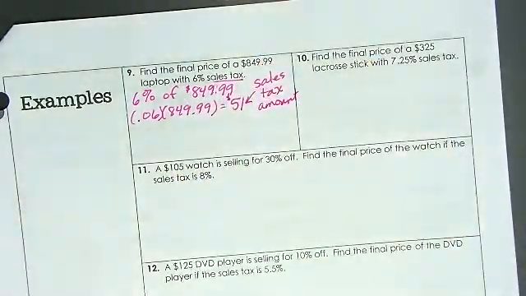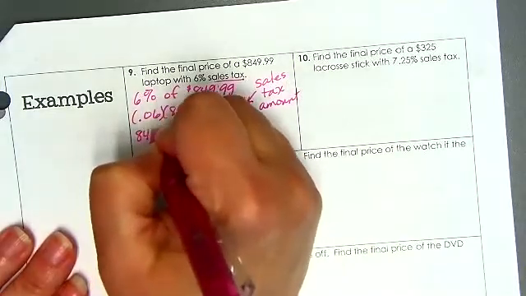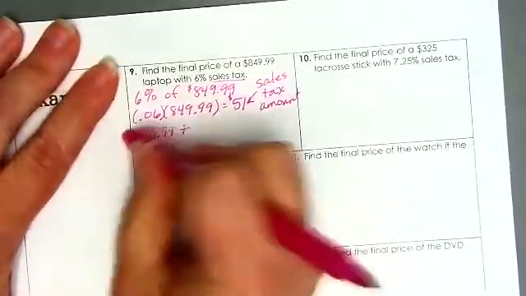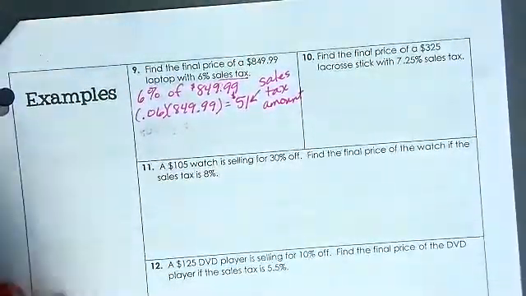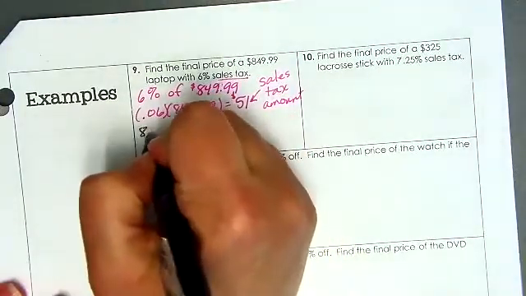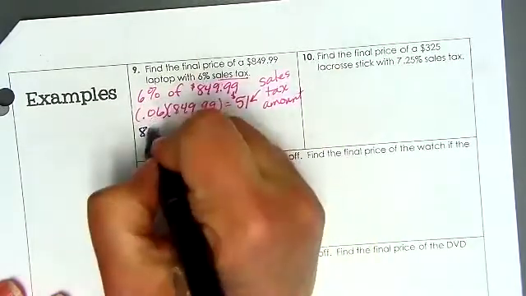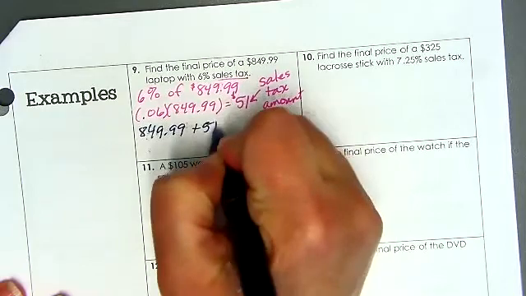Now, well, what's the total amount? I have to do the 849.99 plus, oh, I want to do this in a different color. Show you the difference, but that's a different step. So we have 849.99 plus 51.